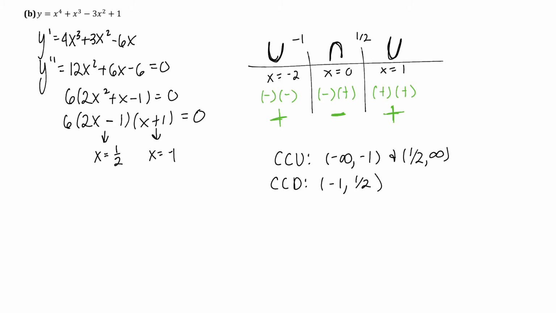Yeah, it should be 2x minus 1 and then x plus 1. And because we change concavity at both these values, and because they fit within the original domain, we have inflection points at both negative 1 and 1/2. And that's that on that one.